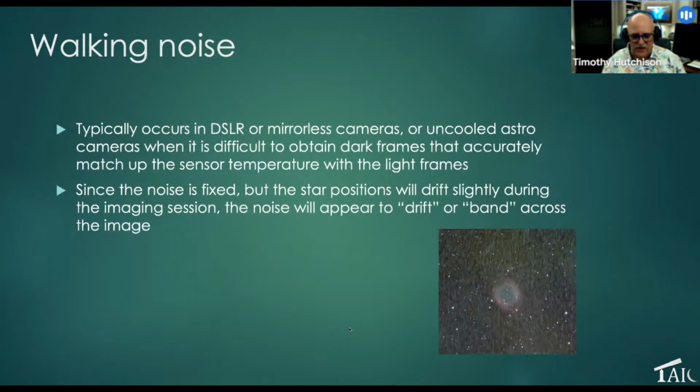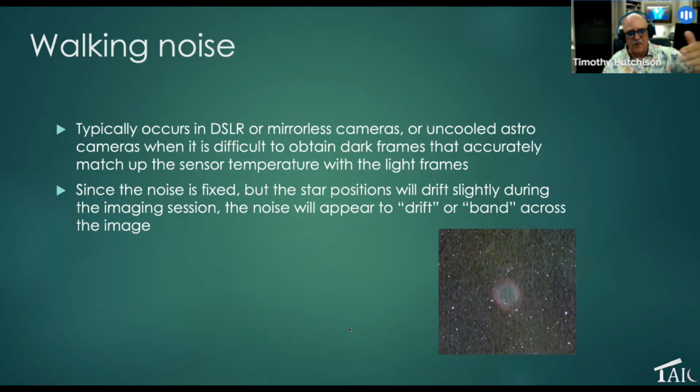So what's walking noise? And Isaac, I think it was Isaac that asked the question earlier. This is what we're going to talk about with banding or walking noise. Typically in DSLR cameras, mirrorless cameras, or uncooled astro cameras, it's very challenging to shoot a dark that's the same temperature as what your sensor was when you shot your light.